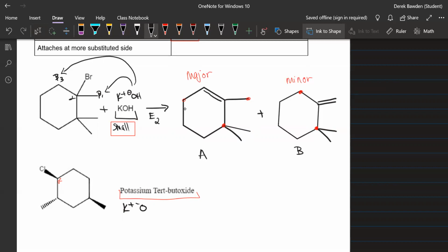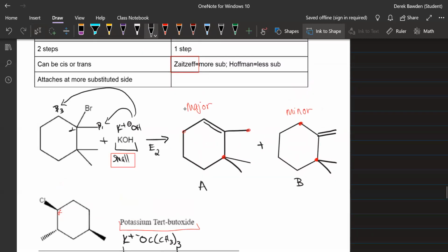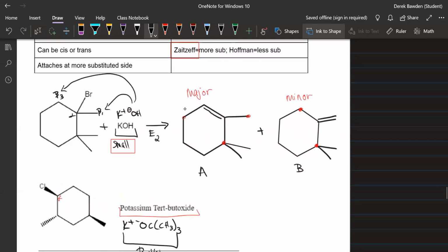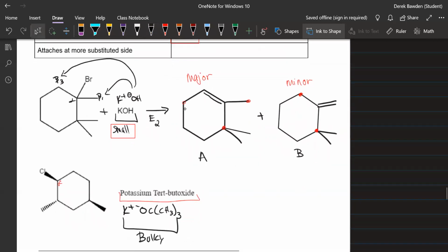So we have an oxygen attached to a tert-butyl. Here we have 4 carbons, so this is considered a bulky base. So bulky means what? Zaitsev or Hoffman? It's a bulky base, so it's going to go Hoffman, so we want the less substituted product.